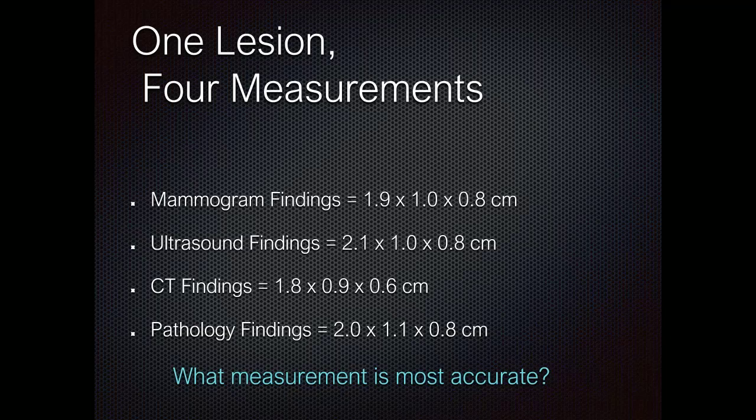Now, if you said the pathology findings, I'd go ahead and give you your money back. So ultimately, that's going to be the measurement that you have, and you can't argue with that unless you have poor measurement skills, that is the true value. Now, it doesn't seem like those values are off by much, but when we're looking at breast staging for tumors, 2.0 or 2 centimeters is actually a cutoff.